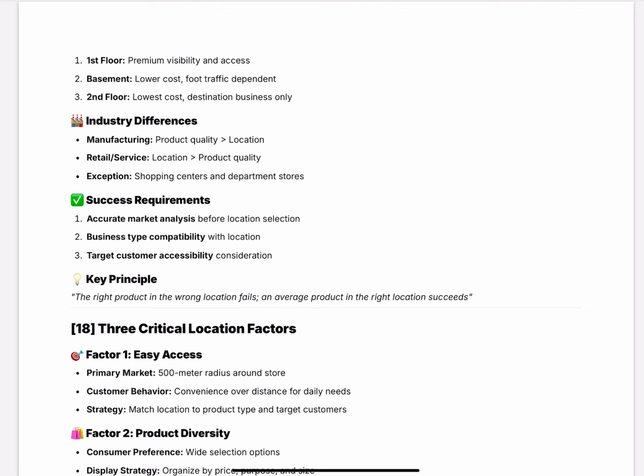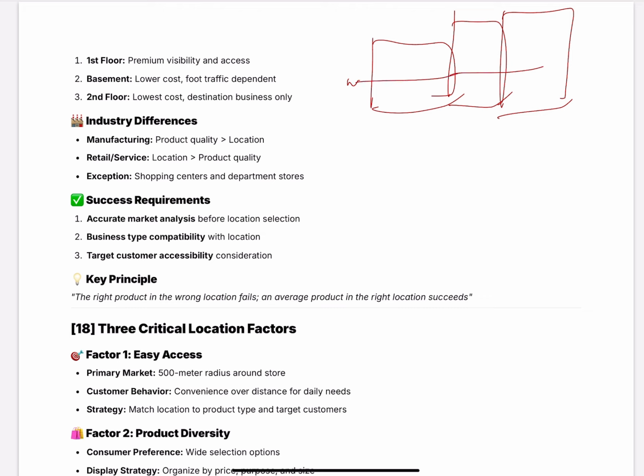So when you walk around the street, okay, I hope it works. Oh, it works again. When you walk the street, there are a lot of streets, actually, in Korea and also in the US, everywhere, the same. On the first floor, you can see some premium visibility and access.